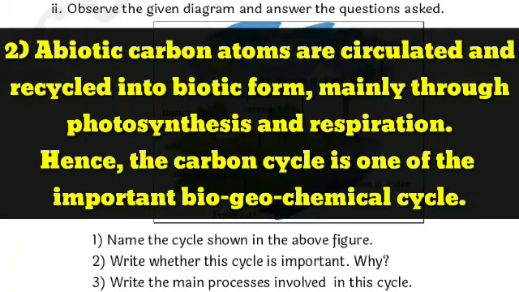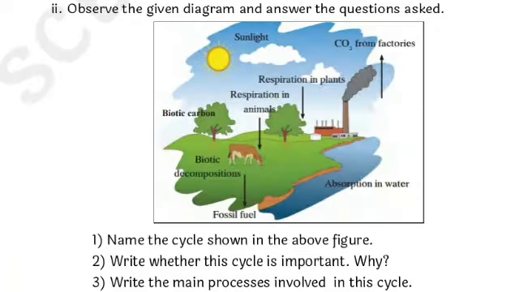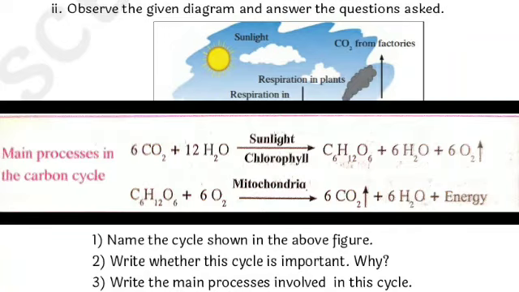Why? Abiotic carbon atoms are circulated and recycled into biotic form, mainly through photosynthesis and respiration. Hence, the carbon cycle is one of the important biogeochemical cycles. Third question, write the main processes involved in this cycle.